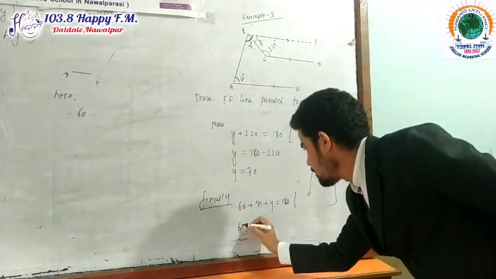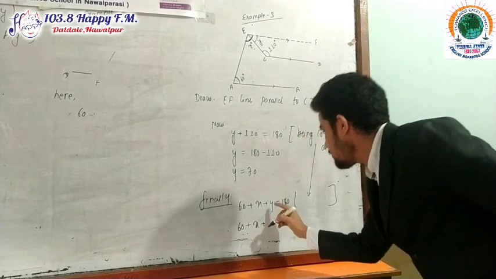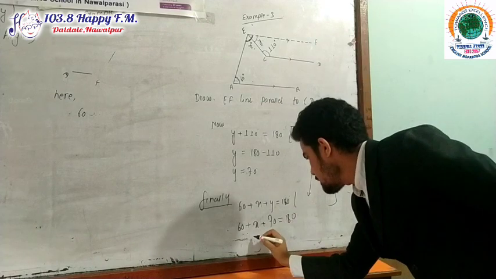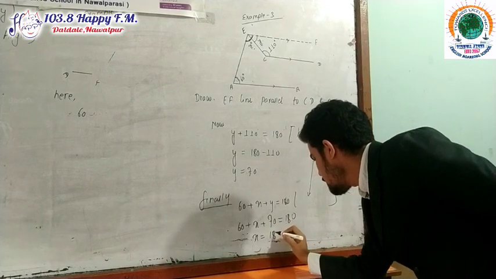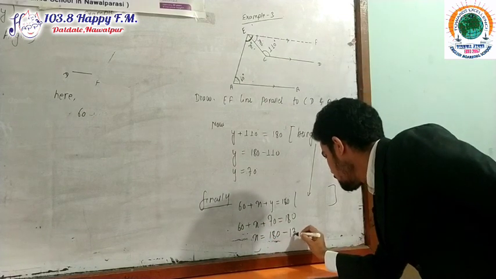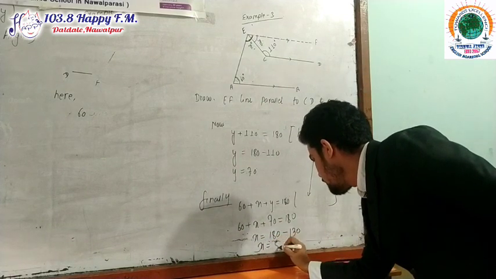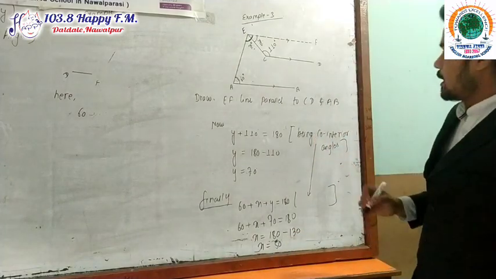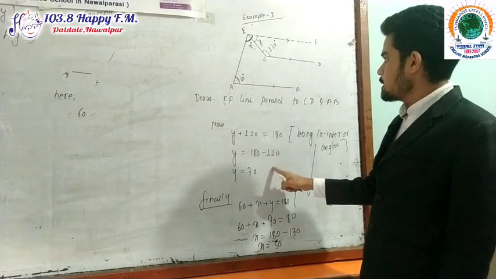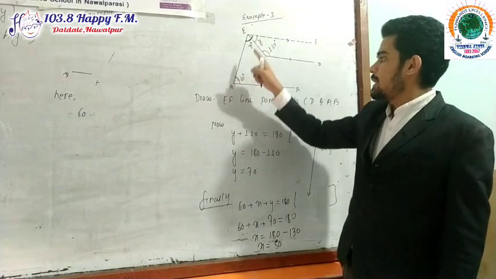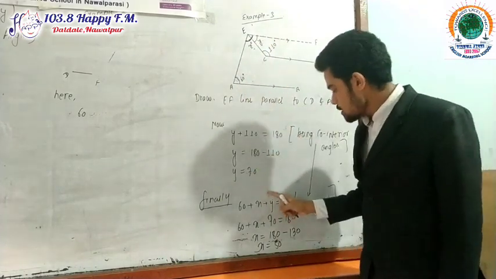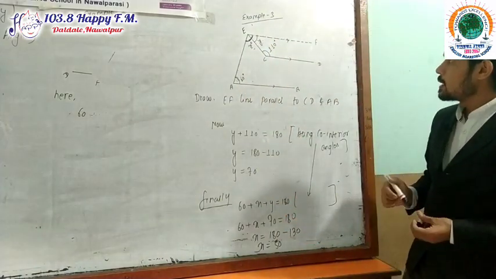So 60 plus X plus the value of Y we already know, 70, is equal to 180 degree, that is X is equal to 180 minus 60 plus 70, which is 130. So X is equal to 50 degree. Okay, Y and 110 are co-interior angles, their sum is 180, and similarly angle A and angle E, that is 60 and X plus Y, these two are co-interior angles, their sum is also 180 degree.